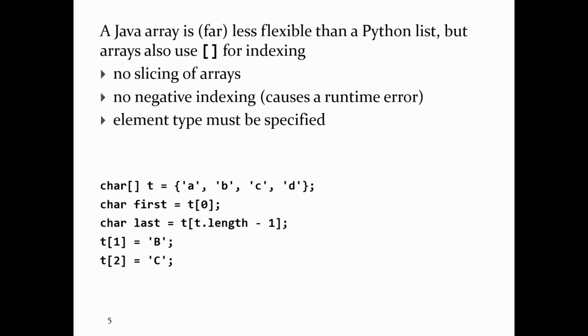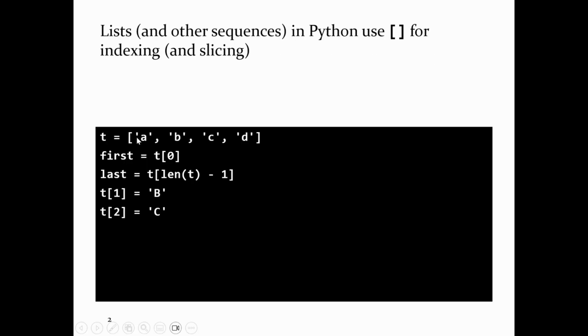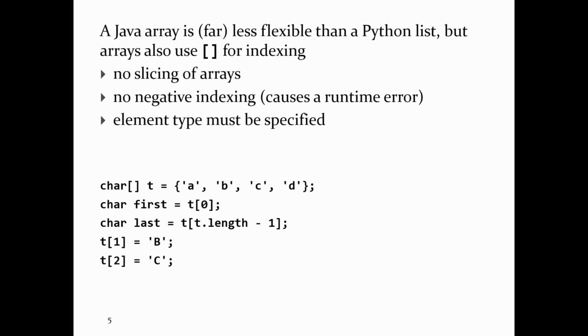So back here, Python says that the string A is made up of the string A. Java says that a string is made up of a bunch of chars. So here, I'm going to use a single character A. Here's a single character B, here's a single character C, and there's a single character D. To indicate that you have a char literal, you put the one character in between single quotes.